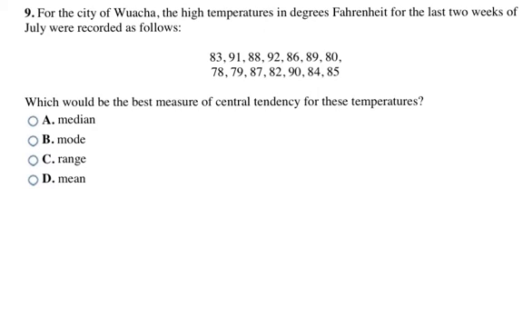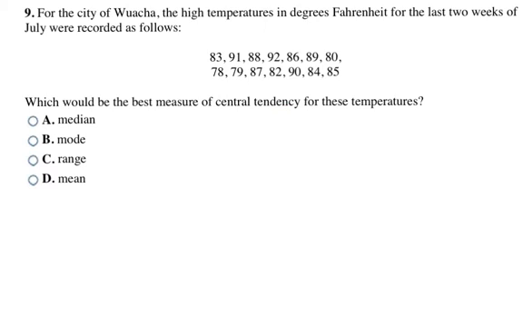This next problem says, for the city of Wacha, the high temperatures in degrees Fahrenheit for the last 2 weeks of July were recorded as follows. Which could be the best measure of central tendency for these temperatures? So first I'm going to say, well, it's not asking me for typical, it has numbers, so it's not going to be mode.